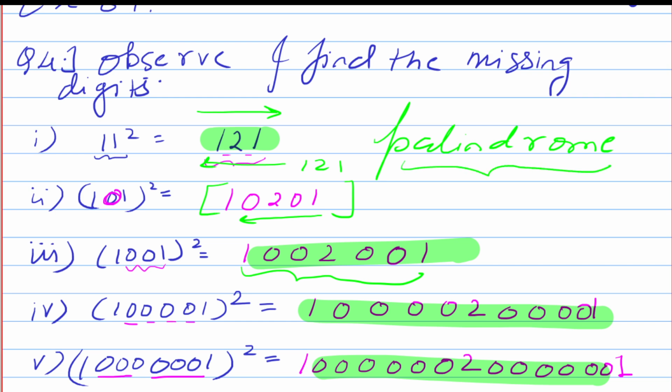In question number 4, there were zeros between 2 ones on either end, and we found the squares of those numbers with this trick. Very easy to remember. No matter how big the number is, if you have 1 in the beginning and 1 in the end, you know how to square it.